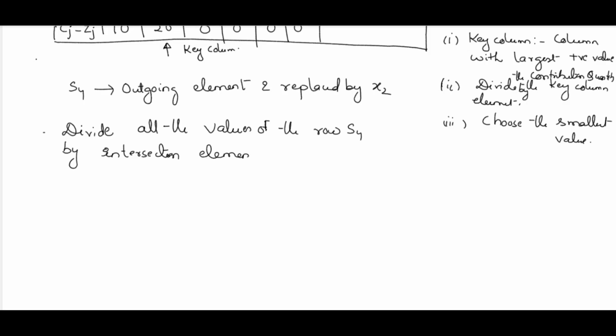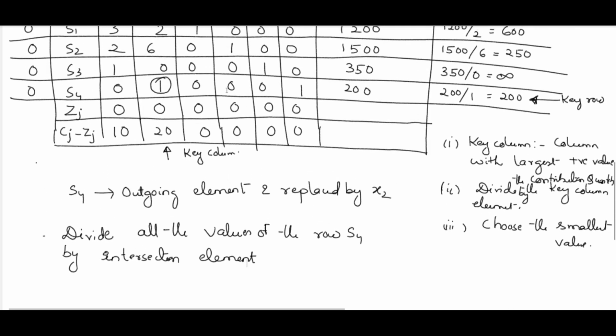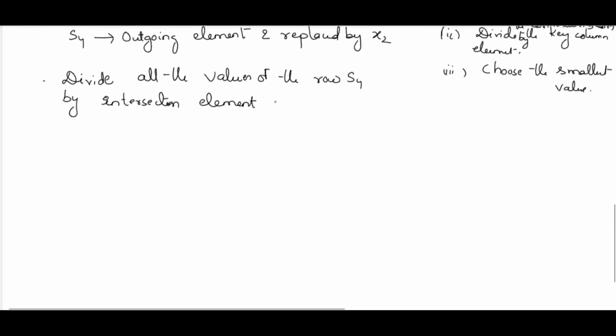And what is the intersection element in this case? The intersection element is 1, that has been circled for this problem. For other problems maybe some other value, but here we have the intersection element 1. So now we will make the next table. Again we will modify the table and make a new table.